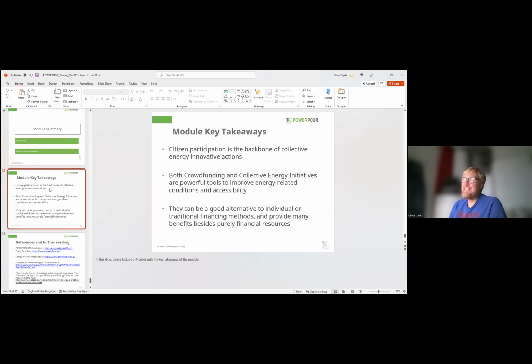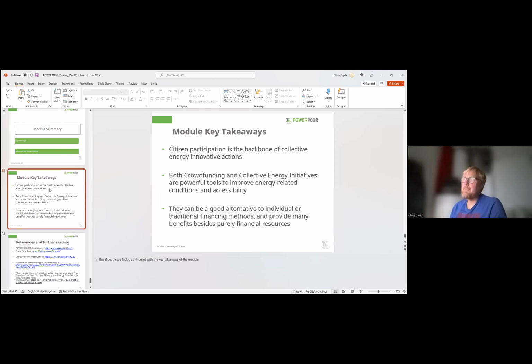What are the key takeaways from all this? Citizen participation can be very, very influential in creating energy innovation actions. Communities are often stronger than individual actors, especially where capital isn't available.